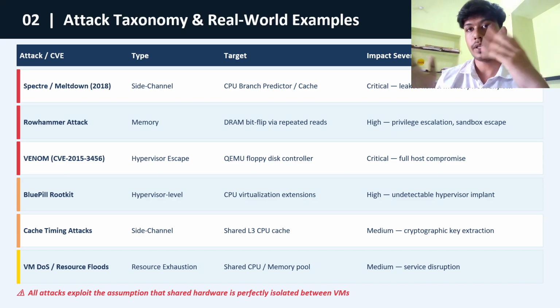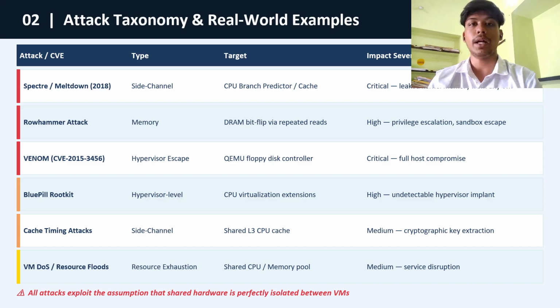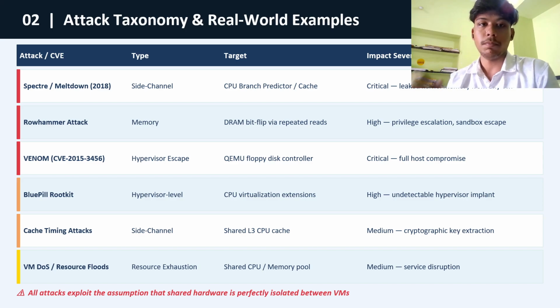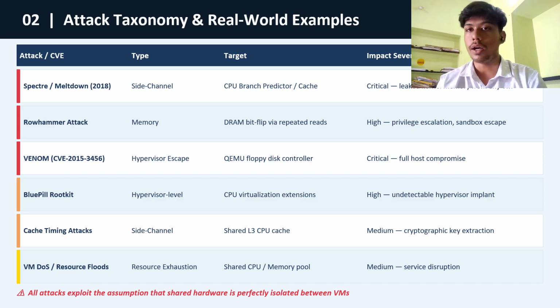Billions of devices were affected at that time. Next is the Rowhammer attack. This attack targets the physical DRAM memory chips by rapidly reading the same memory location millions of times per second. You can cause electrical interference that flips bits in neighboring memory rows that belong to different VMs. By carefully causing the right bit flips, an attacker can escalate their privilege to escape the sandbox.